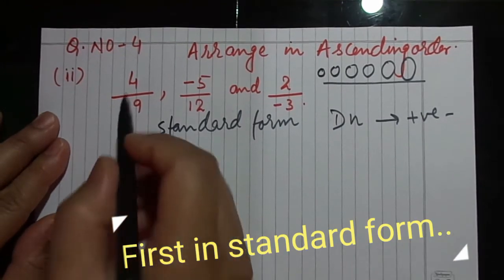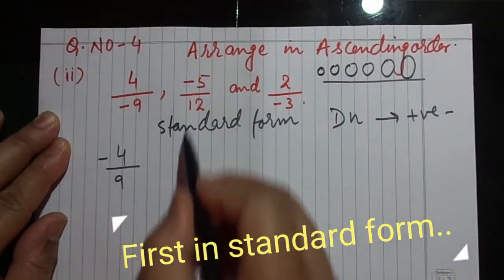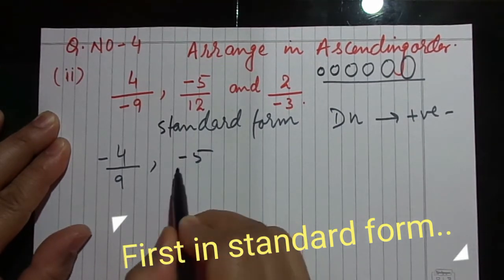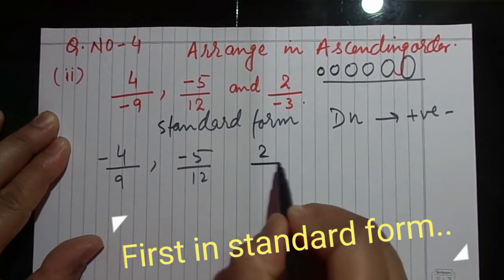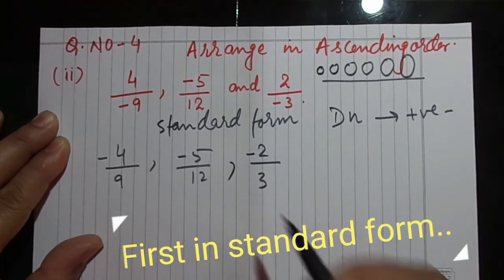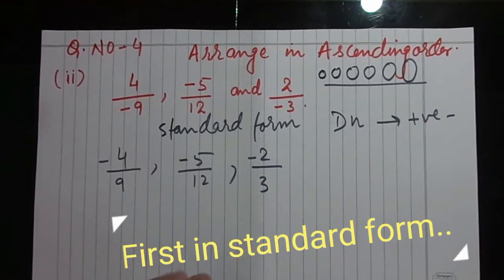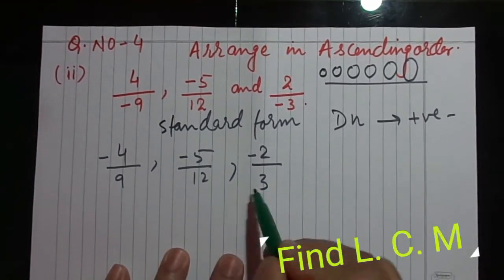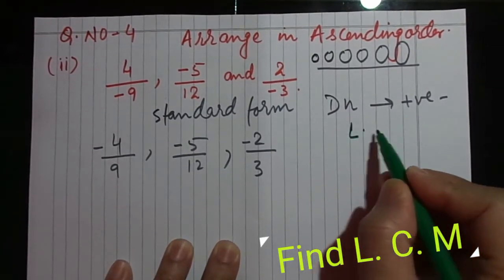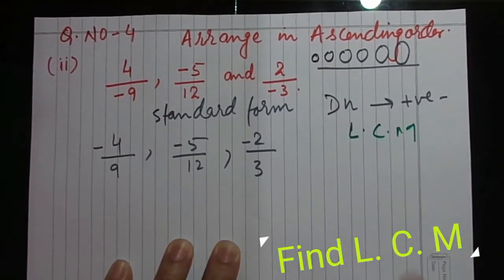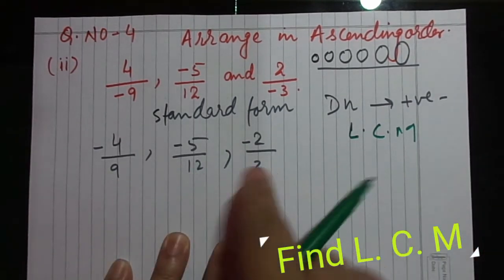So this can be written as minus 4 by 9. This is already in standard form, while this is written as minus 2 by 3. Now, to make all of the denominators equal, I have to find out their LCM, the least common multiple, which is a number which is divisible by each of them.